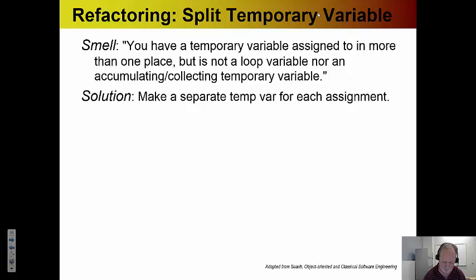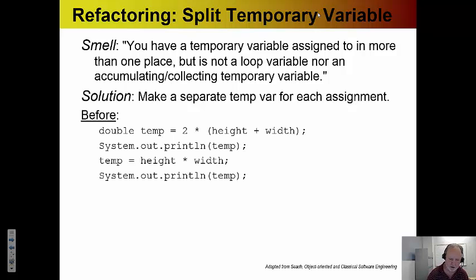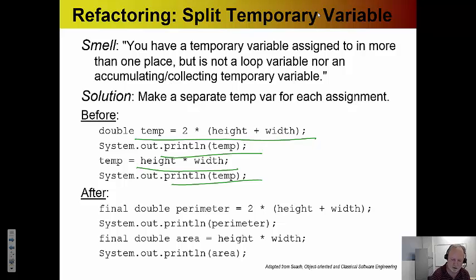Now for each individual temporary calculation that you do, loop counter calculation, you go ahead and create a new temporary variable. Beforehand I had temp equal to this value, I output it, and then I change temp to equal this value and re-output it. Instead, I'm going to create a more descriptive parameter that is going to be output, and then I'll create a descriptive area that's going to be output.